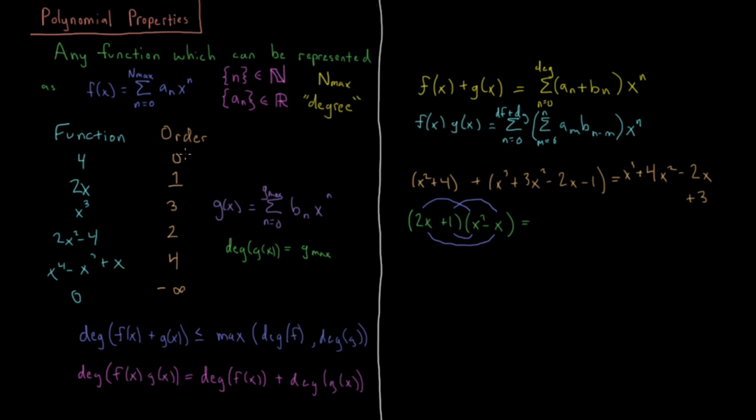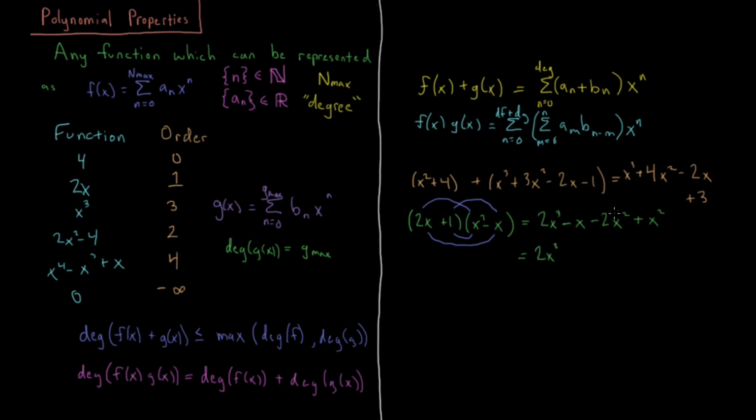We're multiplying all the terms times each other. And then we're going to get, for the result, 2x cubed from the first part. We have minus x. Then we have minus 2x squared. And we have plus x squared, which is going to equal 2x cubed, the only third order term.